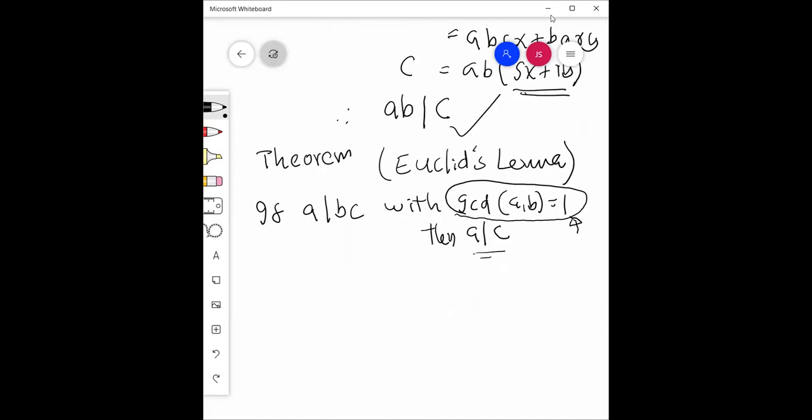You need to find A, B, C such that GCD of A and B doesn't equal 1, and also in that case A doesn't divide C.